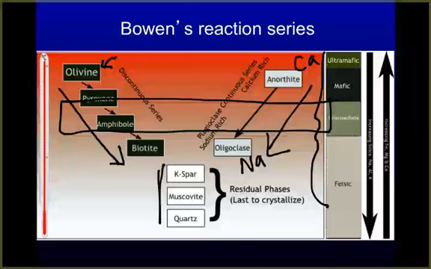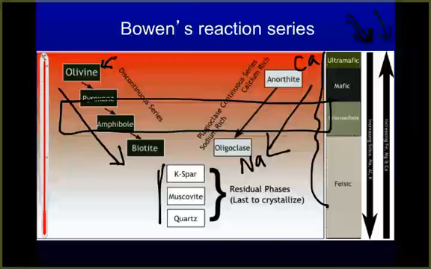And the last couple of things I'll point to on this diagram are these arrows on the right-hand side. This first line right here shows increasing silica, sodium, aluminum, and potassium. Those are the key chemical components that you expect to see in increasing quantities as you move down Bowen's reaction series.